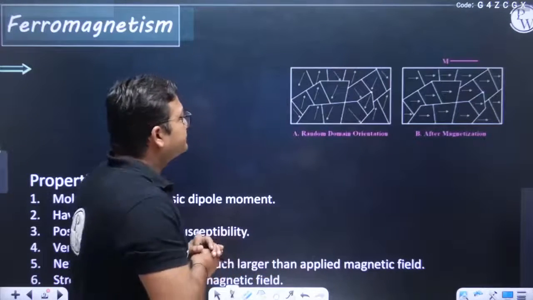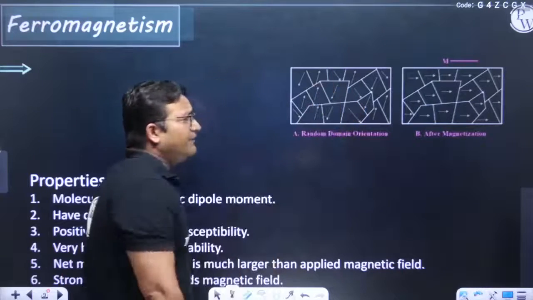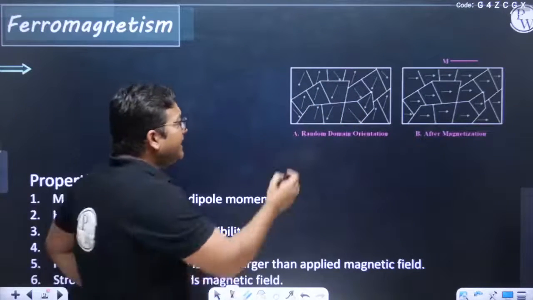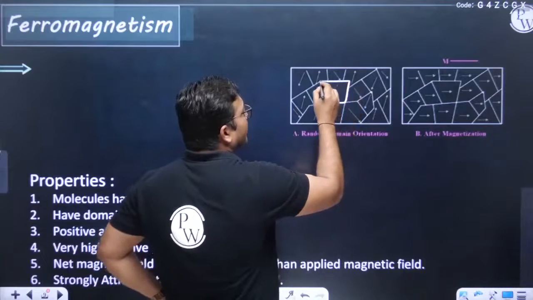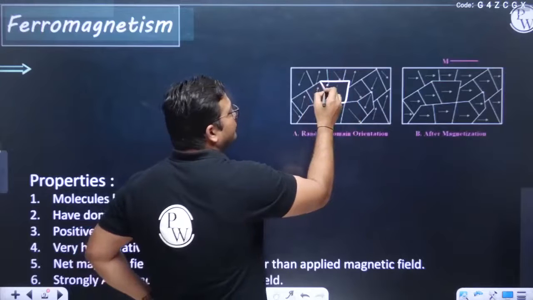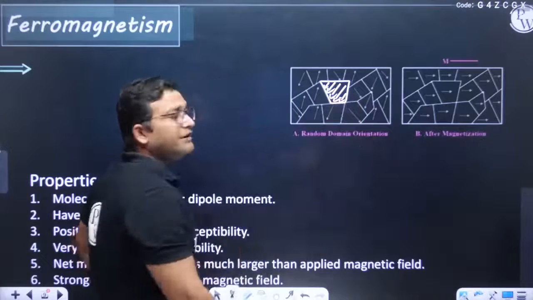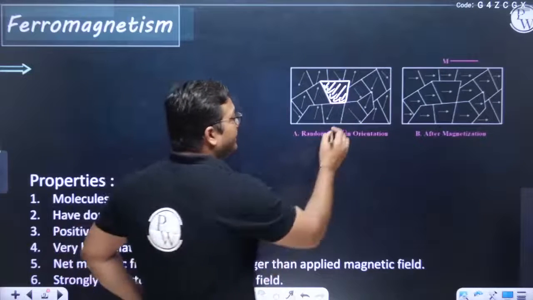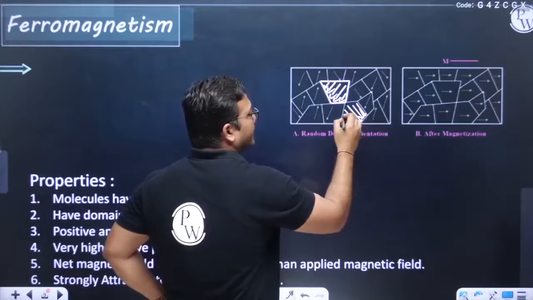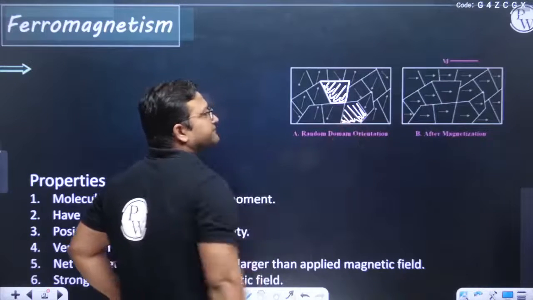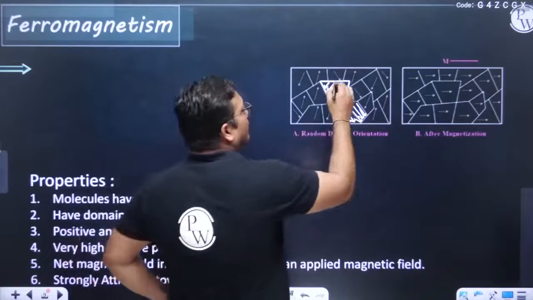They form tiny regions, and in every region, magically, all molecules' magnetic moments are in the same direction. We take some other region, all molecules will have their magnetic moment in the same direction. These tiny regions are called domains.